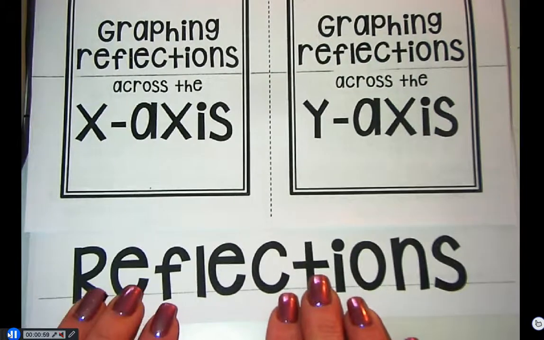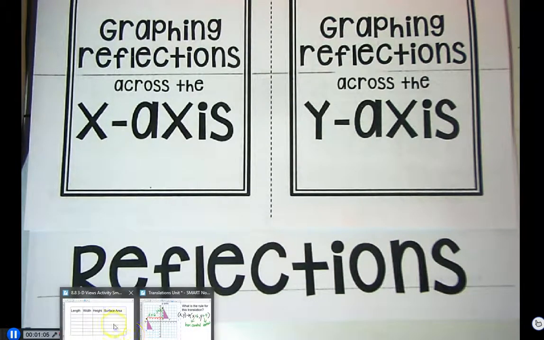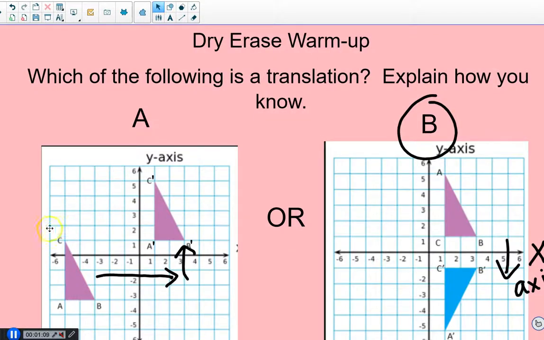In our warm-up today, we saw two different reflections, or two different transformations. So we saw over here on the left, that's our translation that we learned about. And then here on the right, you can see that the shape, the purple right triangle, when it changed to the blue triangle, it actually flipped.